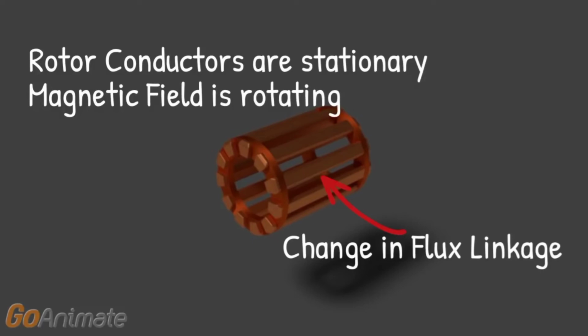As a result, there will be an induced current in the rotor conductors as per Faraday's law of electromagnetic induction. Whenever this current starts flowing through the conductor, it reacts with the magnetic field. Again, as we know, a current carrying conductor inside a magnetic field experiences a mechanical force. Hence, here a mechanical force will be experienced by the rotor conductors.